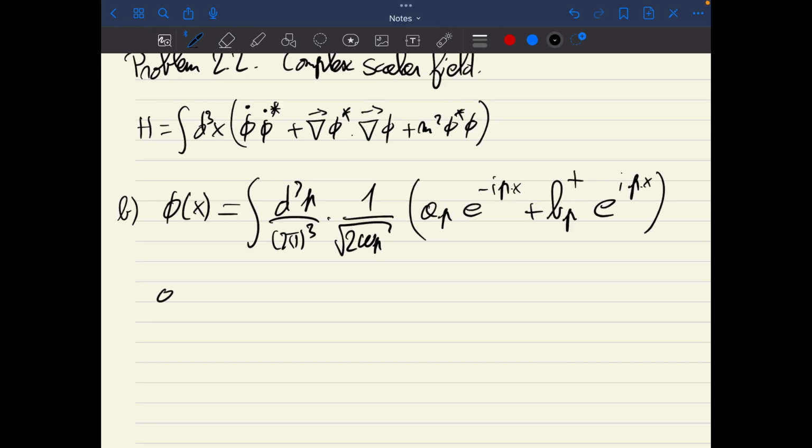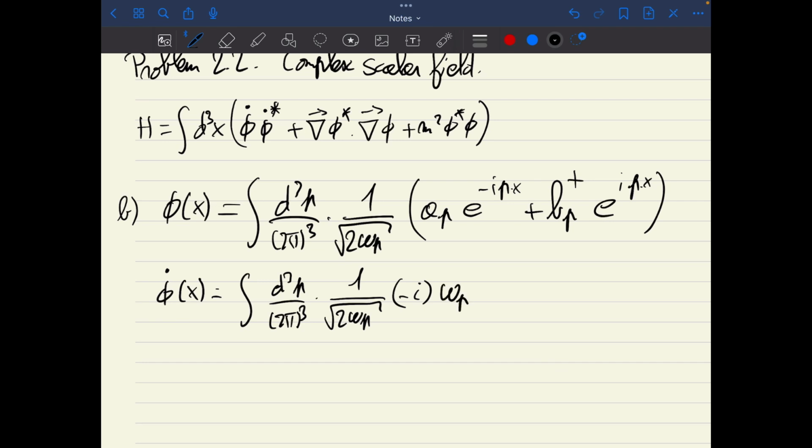So we want to express the temporal derivative of this field. So let's just compute that. So I will put a factor minus i here, and so we have the energy, omega p, and then simply A p, and now we have a minus here.